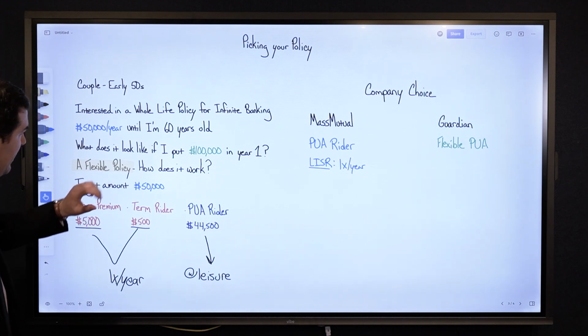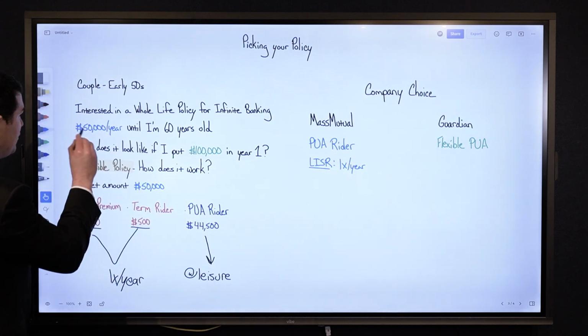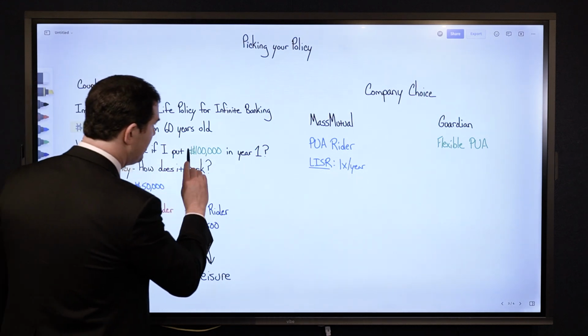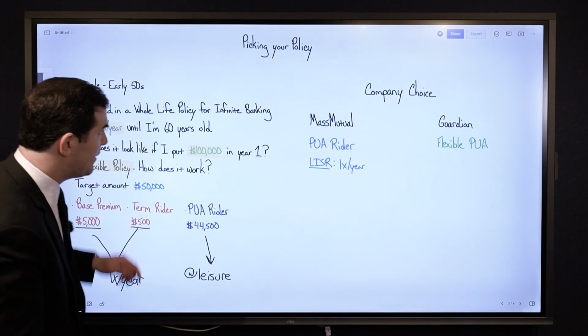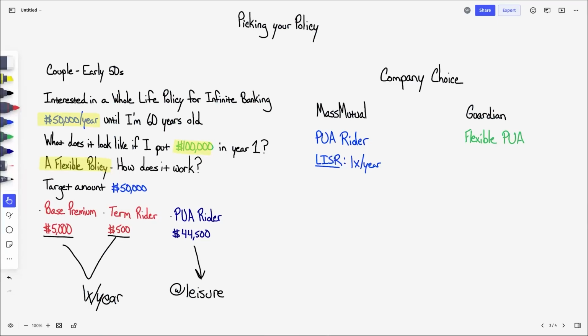What we're going to look at is exactly what we see here. We'll see $50K per year until she's 60, but the first year you will see $100,000 going in. Now, the minimum premium with MassMutual can be 10% of the first year payment or deposit. If the first year deposit is $100,000, because it will be.